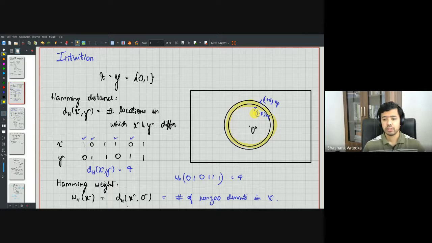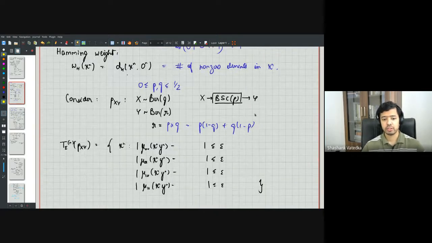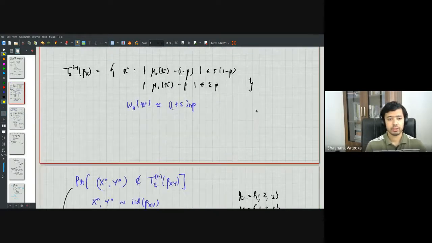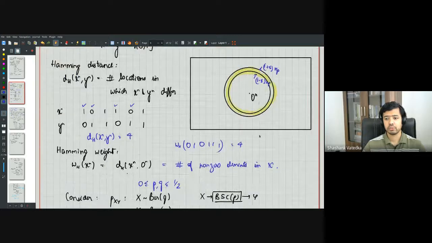Similarly, we can define the typical set corresponding to py, T epsilon n of py. And this thin region is T epsilon n of px, roughly speaking.